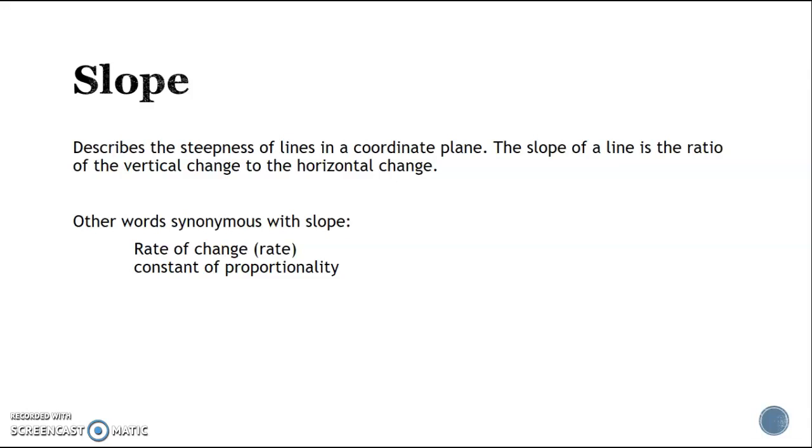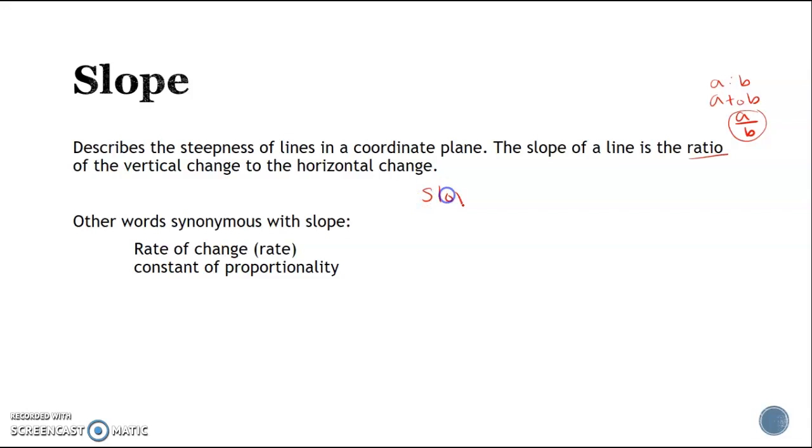And so the slope of a line is the ratio. And remember, there are multiple ways that we can write a ratio. We can write the ratio A colon B, or A to B, or as a fraction, A over B. And so this is how we're going to be writing our ratio of the vertical change.